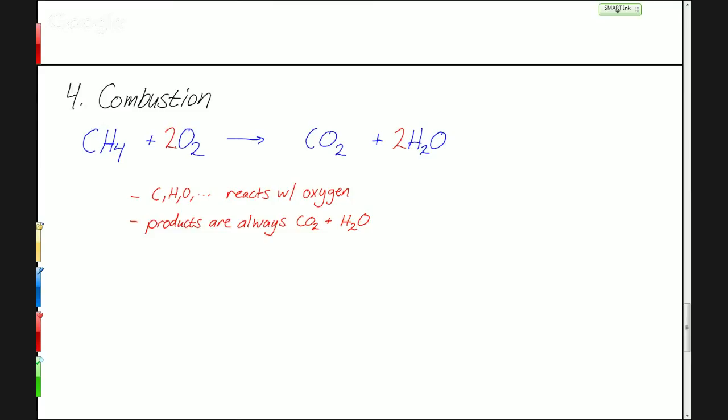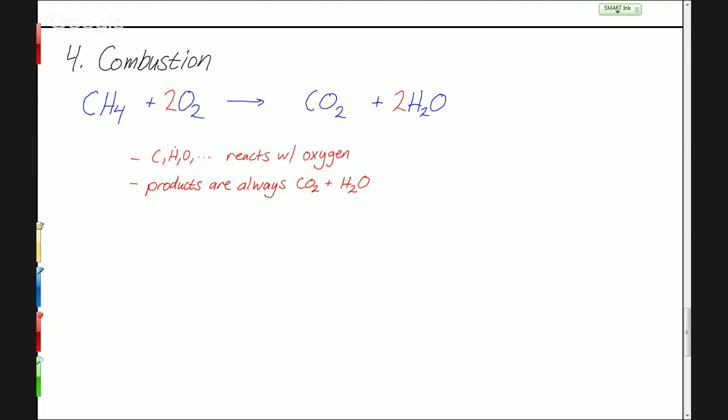All right. So now we've got these 4 categories of reactions. We could look at all kinds of different ones. Let's look at methanol. So methanol is CH3OH. That could also combust.